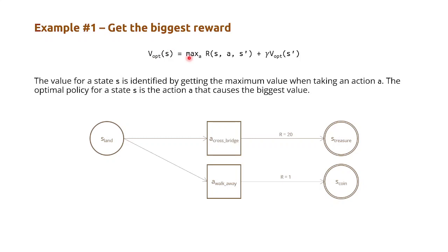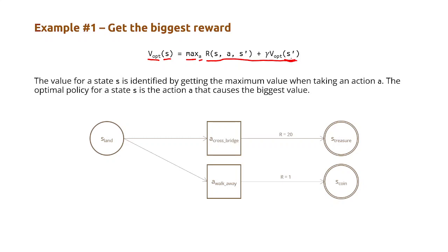So now, as you can see, we have added the max A or max action, which I will discuss in a while. So basically, the optimal value, I repeat, the optimal value of S is the action granting the maximum utility or value of the succeeding state.